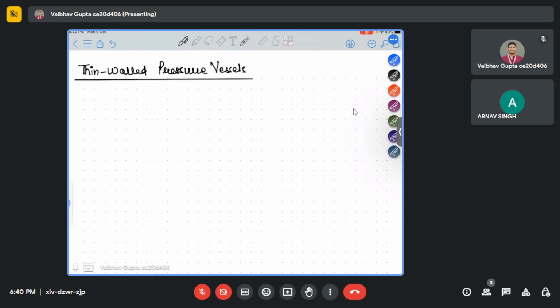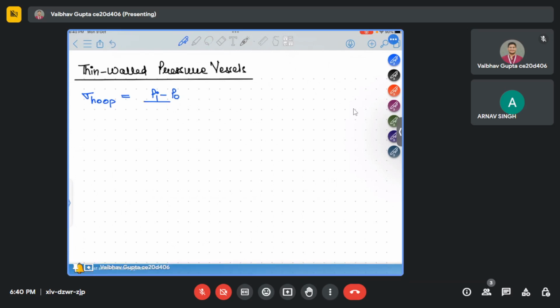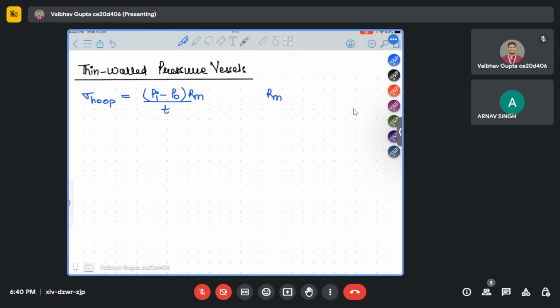So for thin wall sections, the hoop stress, sigma hoop, I'll write like this. Hoop stress will be equal to Pi minus Pe or P naught, anything you can write, by t into Rm. What is Rm? Mean radius.